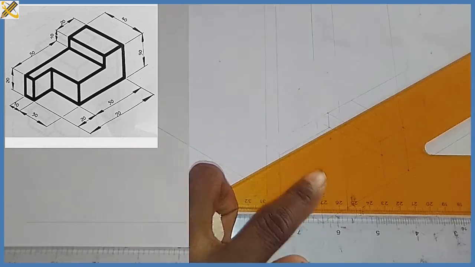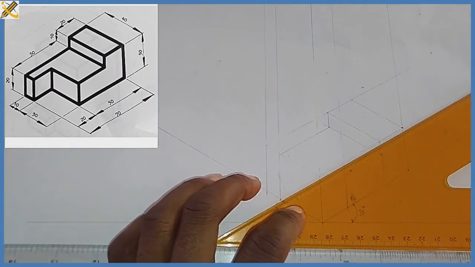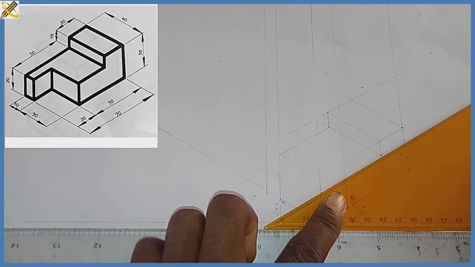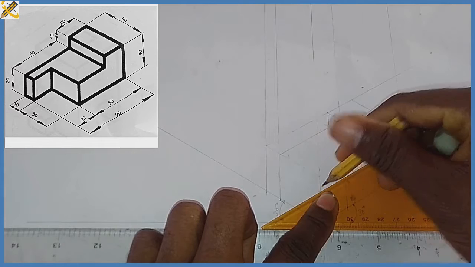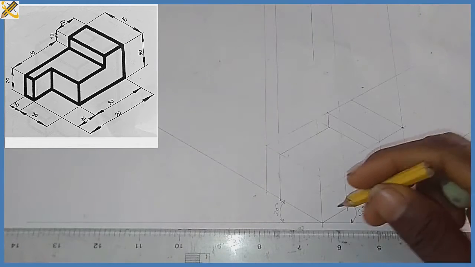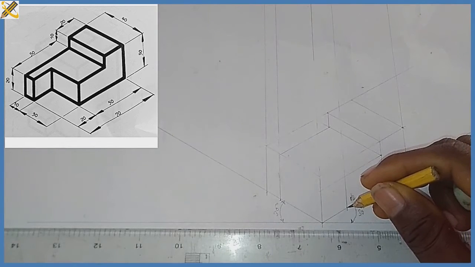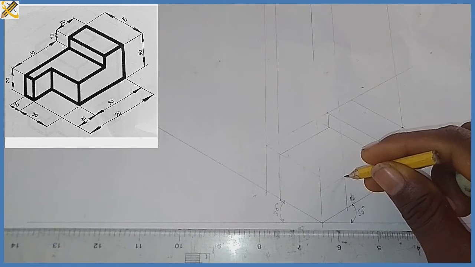From this very mark, we project it with our 30-60 degree set square at angle 30 degrees down to this junction here. Do not forget that the mark from this area to this area is a mark of 20. So this portion actually ends right here.